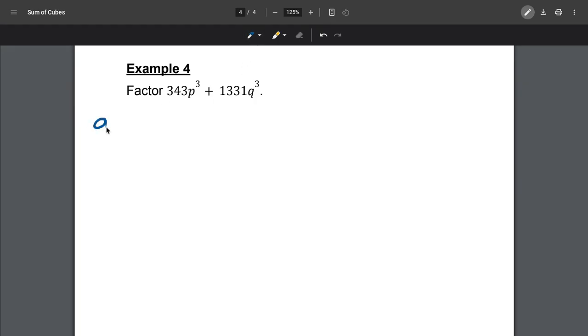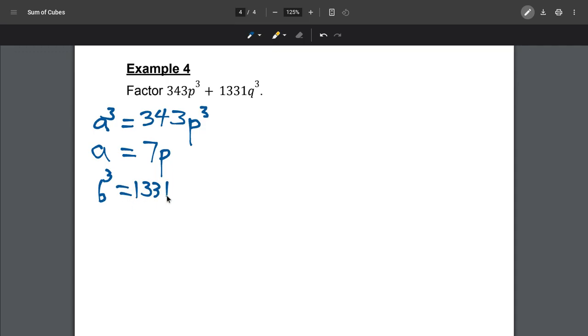So our a cubed is actually 343p cubed. So a is equal to the cube root of 343, which is 7, and then the cube root of p cubed is p. So a is 7p.